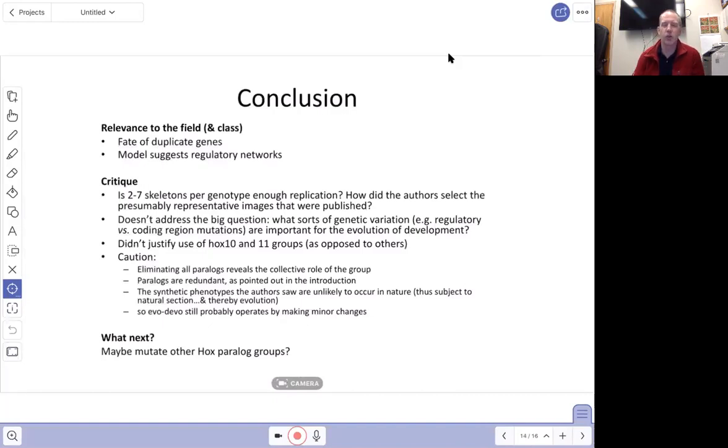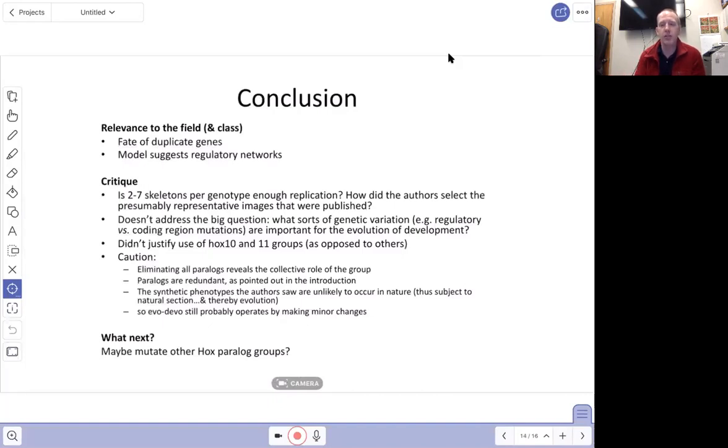Also, and again, this is less of a critique because they did find really cool things when they knocked out these genes, they didn't justify why they studied these 2 genes. That's something that's useful, most of the time, to pay attention to in the introduction of a paper. You should ask whether there is an intellectual justification for why they picked these genes, as opposed to, say, HOX9 or HOX12.